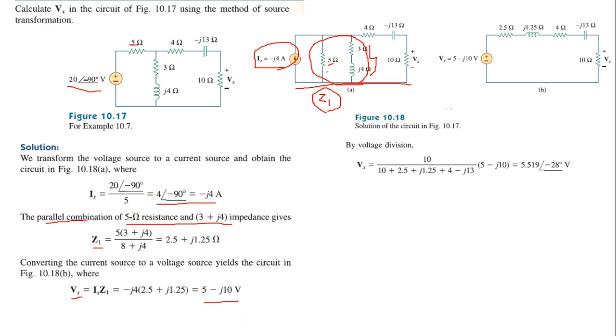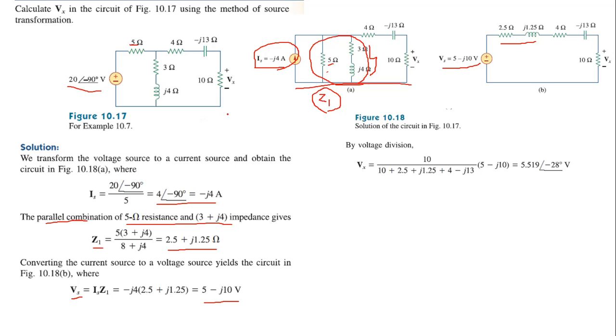Now the current source in parallel with this impedance can be converted into a voltage source in series with the same impedance. The impedance value is 2.5 plus J1.25 ohms, connected in series with the voltage source here.